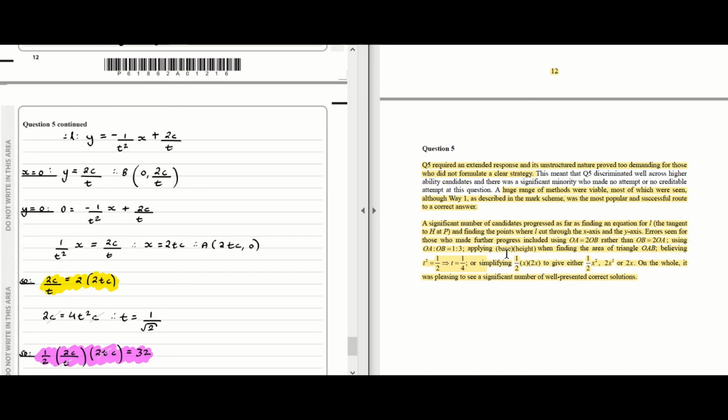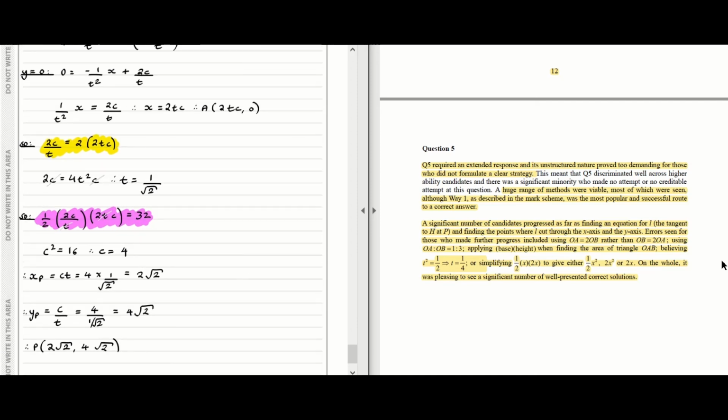Another was not multiplying base times height by a half when finding the area of the triangle OAB, so you have to multiply by a half. There was another one of using OA to OB equals 1 to 3 as a ratio, believing that t squared equals a half leads to t equaling a quarter. It doesn't. If you put that into your calculator, you'd come out with t equaling 1 over root 2. Also, simplifying 1 half lots of x lots of 2x to give either a half x squared, 2x squared, or 2x. I don't know what that's on about.